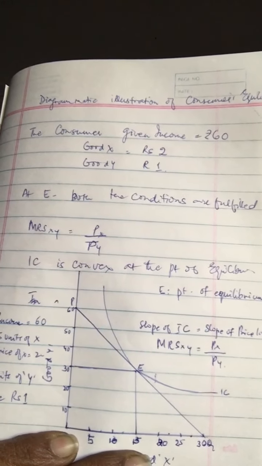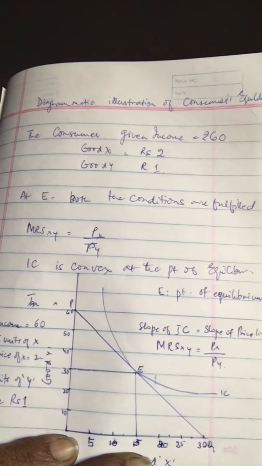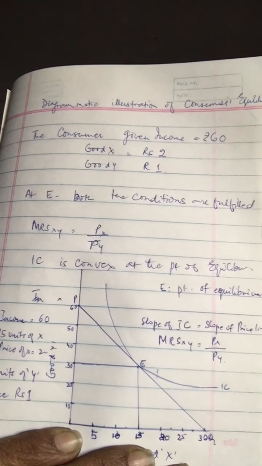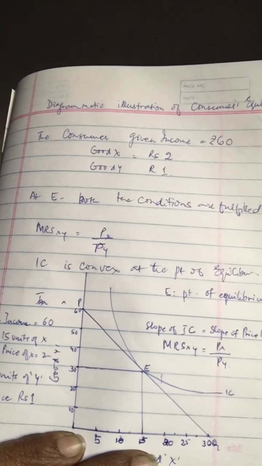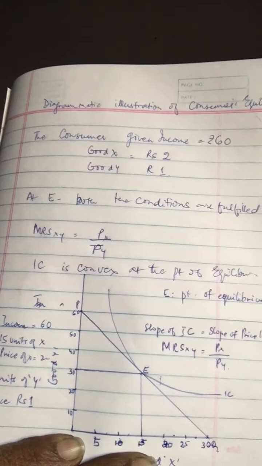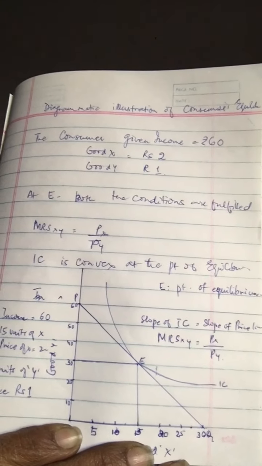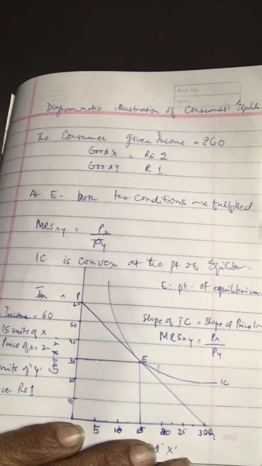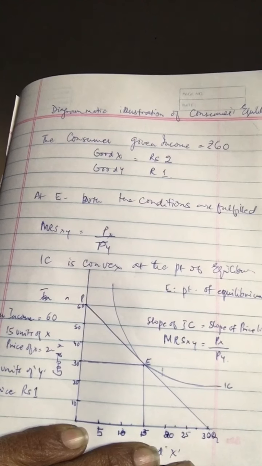Now the indifference curve shows the consumer's preferences for good X and good Y. So this curve reflects how many units the consumer is willing to sacrifice of good Y for an additional unit of good X. So the equilibrium is struck at point E, where the marginal rate of substitution is equal to the market rate of exchange.